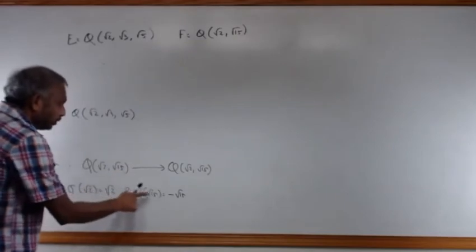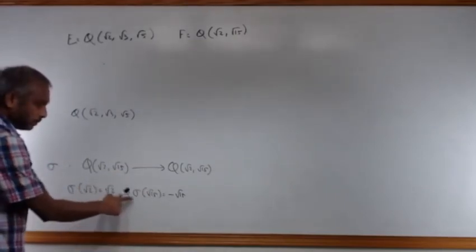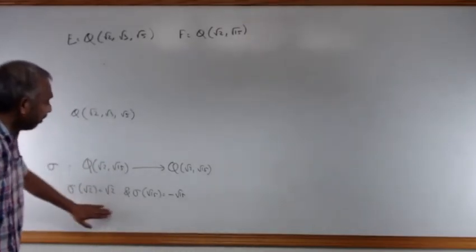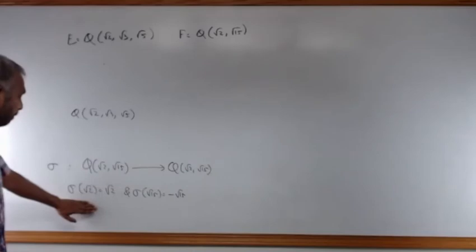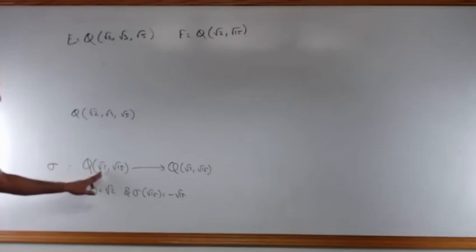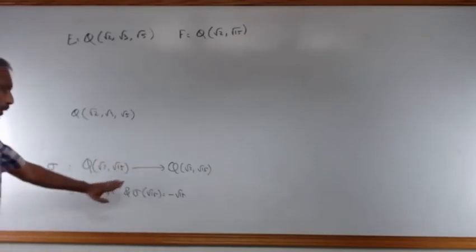This has to be a conjugate, otherwise this will not be an isomorphism. So this is the full definition of the isomorphism. You can also write it as, take an element from here and map it to that. So both are equivalent.